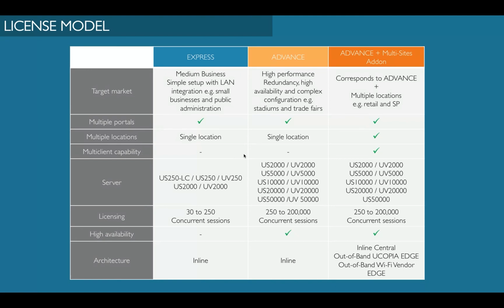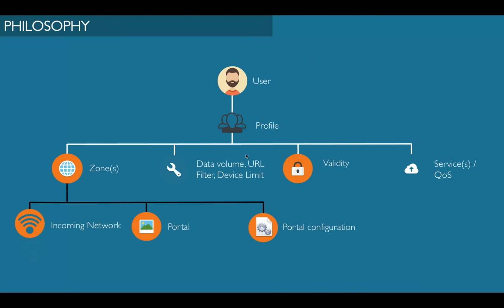If you need, for example, radius proxy functionality, it's also included in the Advanced. There are different features that only the Advanced license contains. We do provide different types of servers, like hardware servers and also virtual machines.